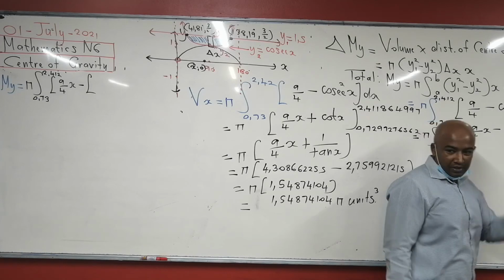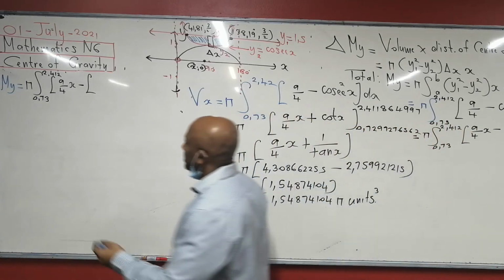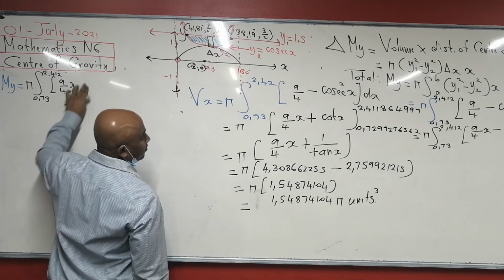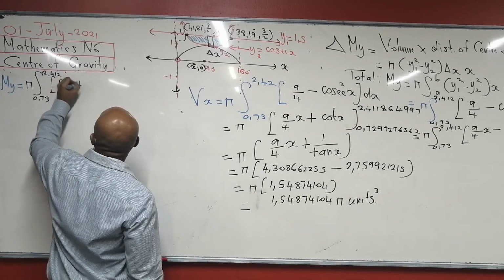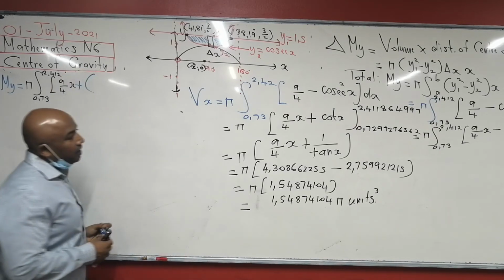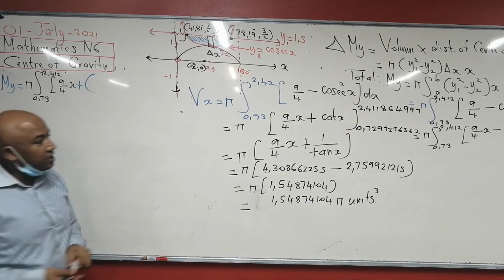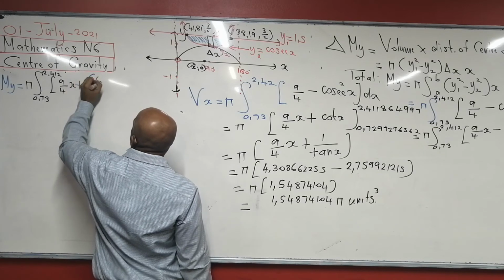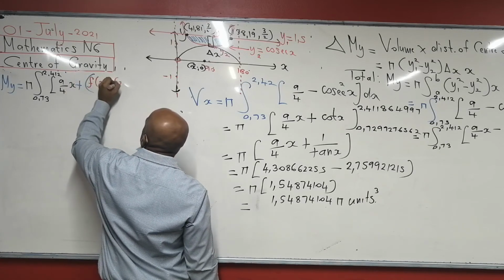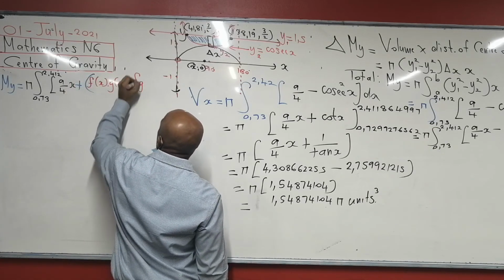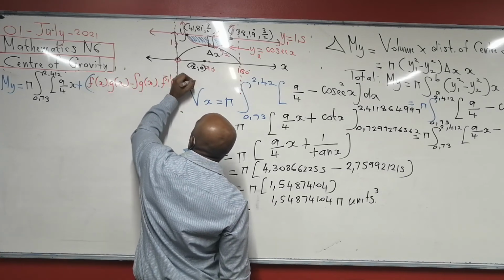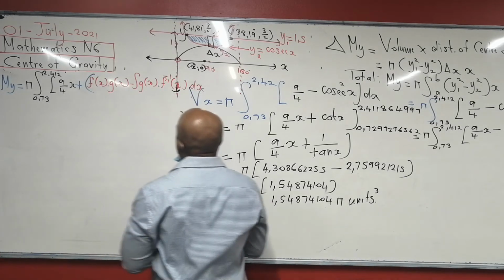It's up to you. Let me put it as minus cosec squared. So this will be plus, and now integration by parts. I'm going to go f of x, g of x minus the integral of g of x times f prime x dx.